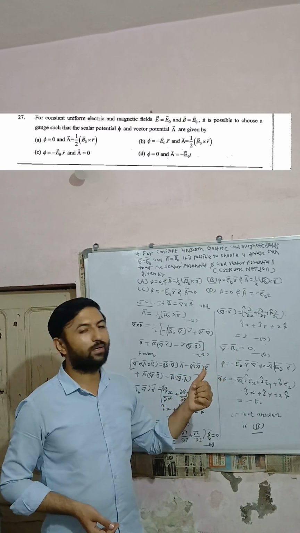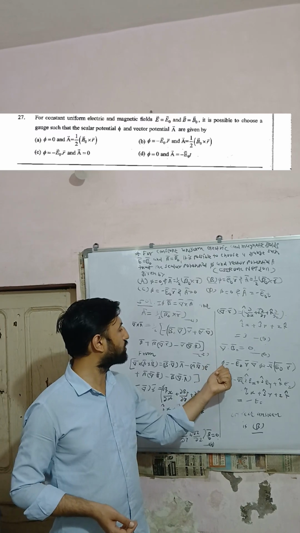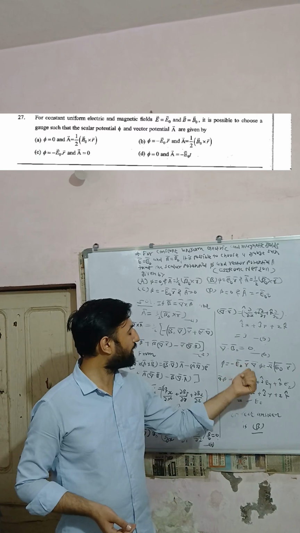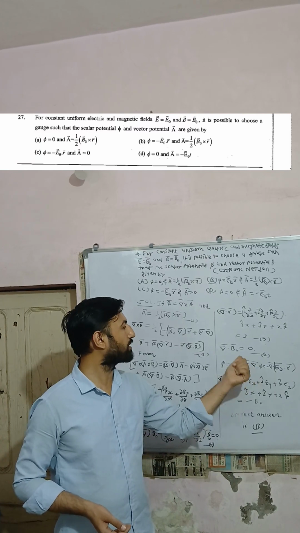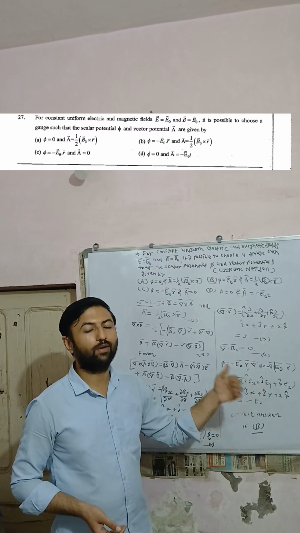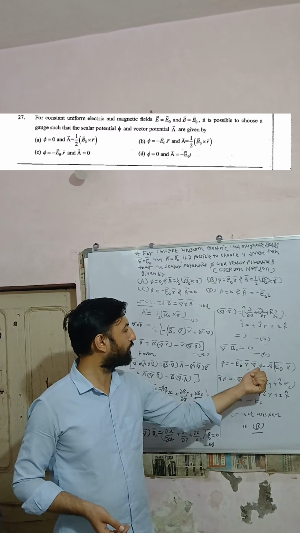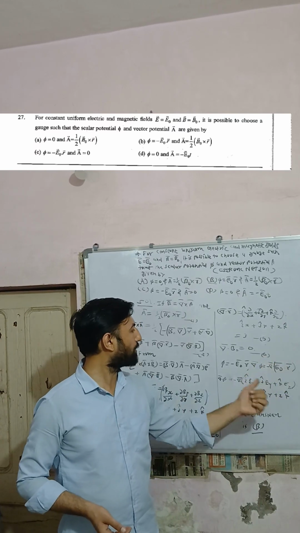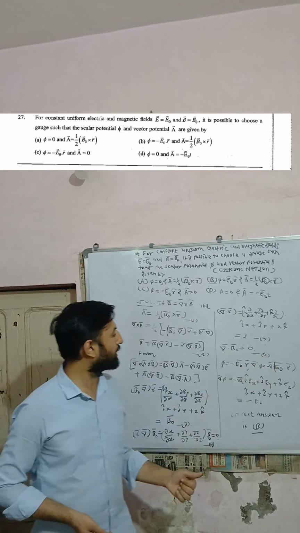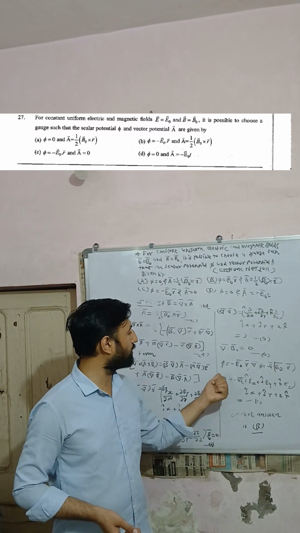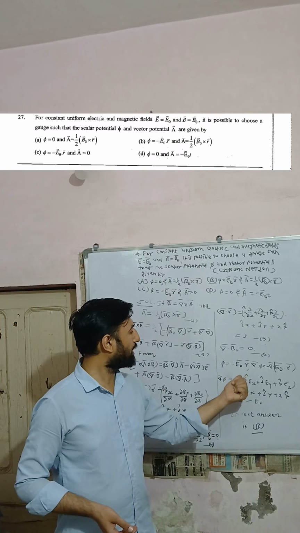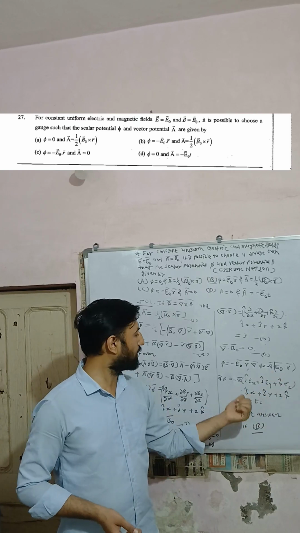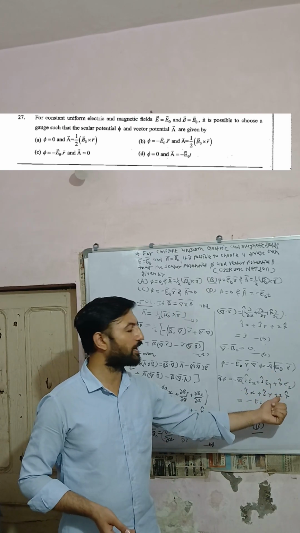Let us consider electrostatics. Here phi is equal to minus vector E0 dot R. If we consider the gradient, that is del phi equal to minus del of (E0 dot R), by putting the value of phi from here, we can have this equation: del phi equal to minus del of (i caret Ex plus j caret Ey plus k caret Ez) dot (i caret x plus j caret y plus k caret z).